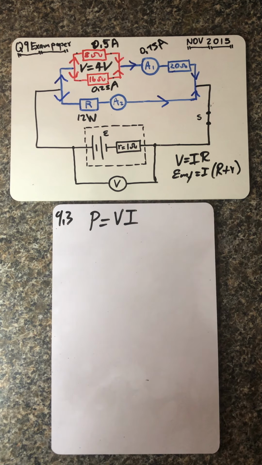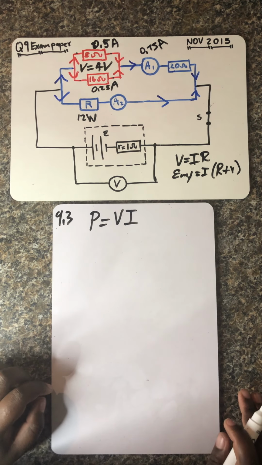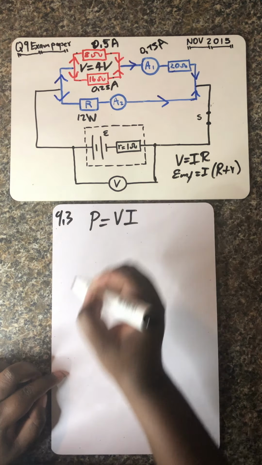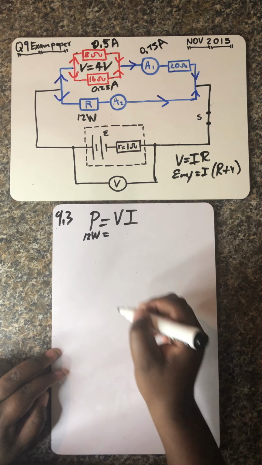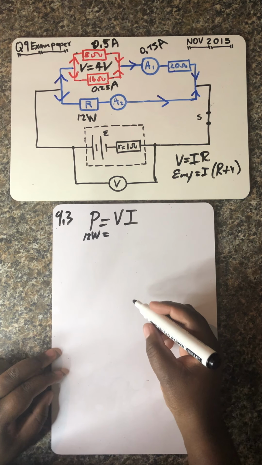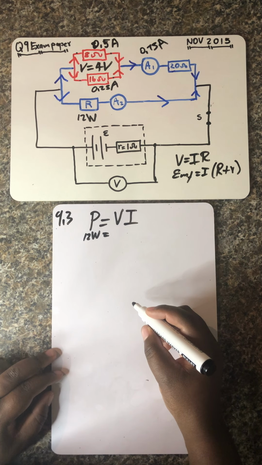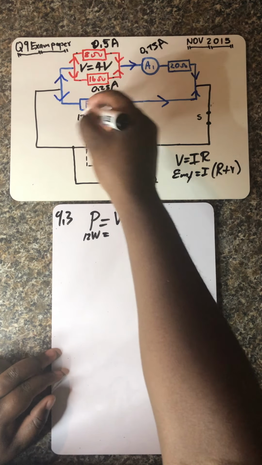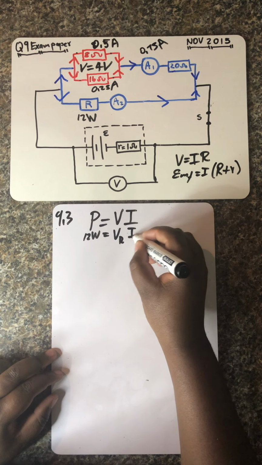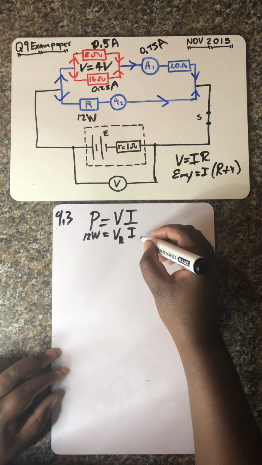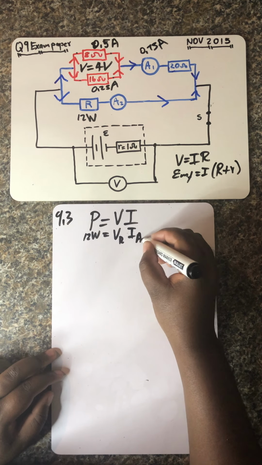So guys, let's see. Have we got the power? We do have the power. They said it's 12 watts, which is equal to the V. Have we got the V of R? We don't have that V of R. And obviously I is what we want to calculate, I of ammeter 2.